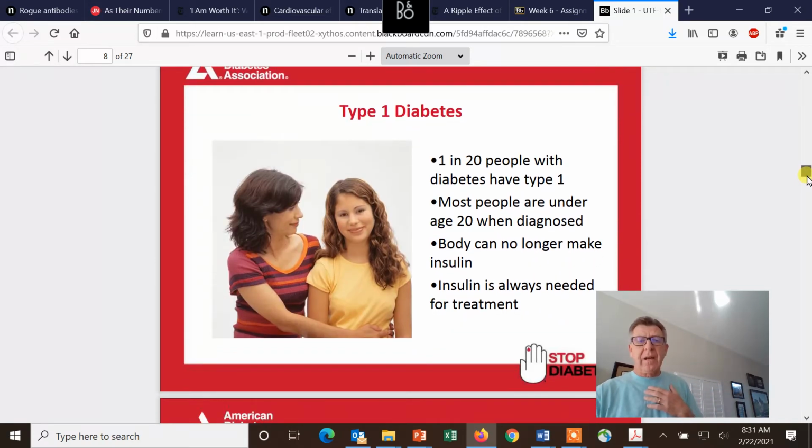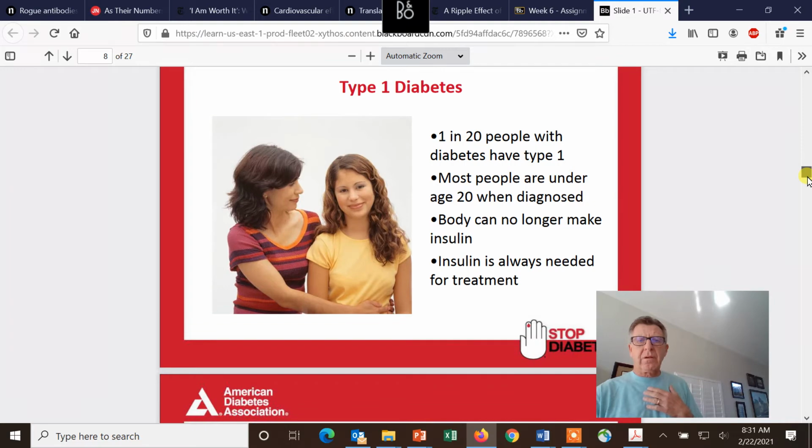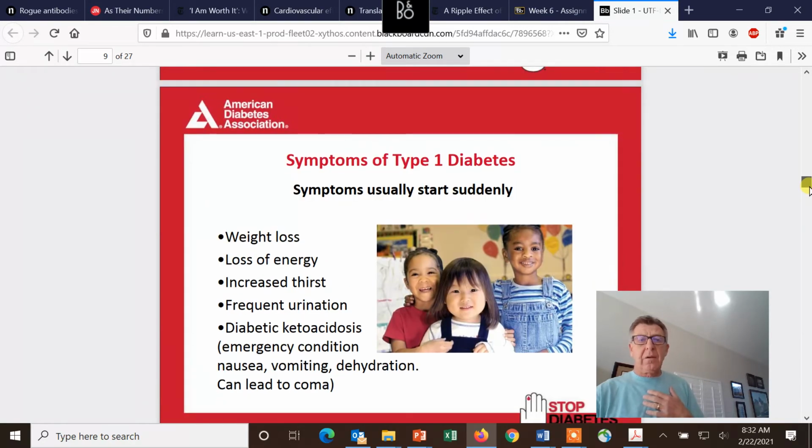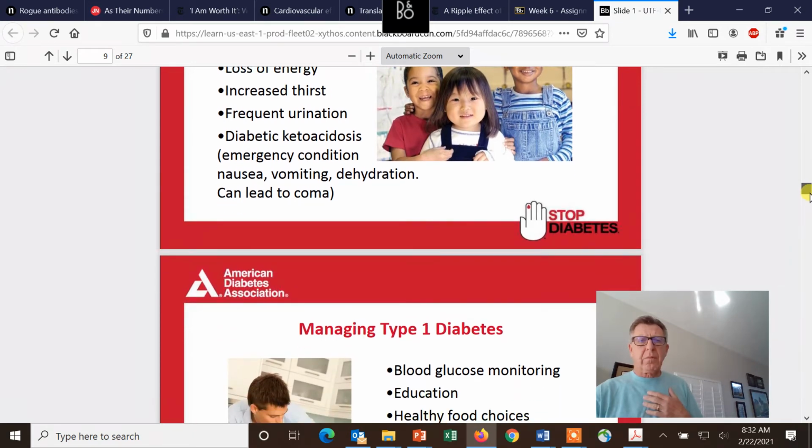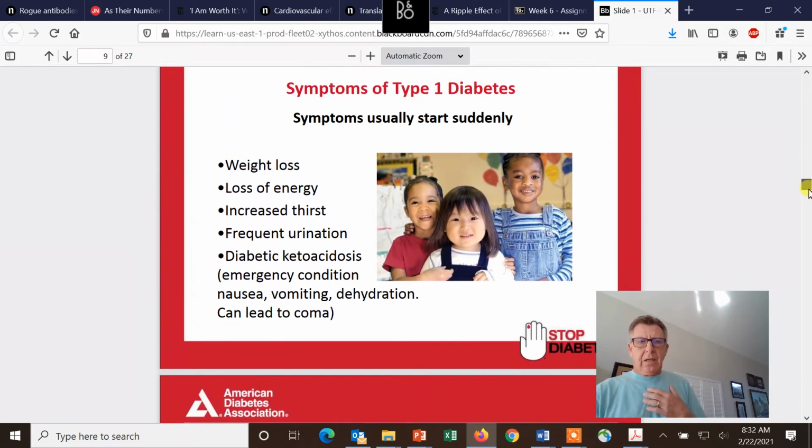So here's again the concept of juvenile onset diabetes. You see most people are under the age of 20 when diagnosed. They need insulin injections. It goes through a lot of the symptoms that are characteristic. Some of them are the same.